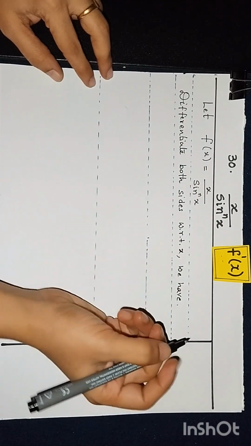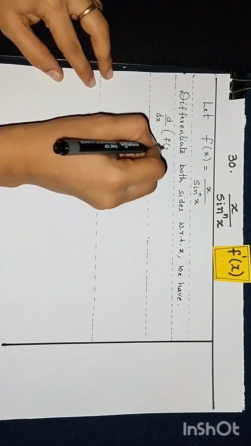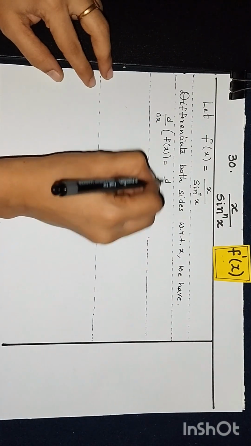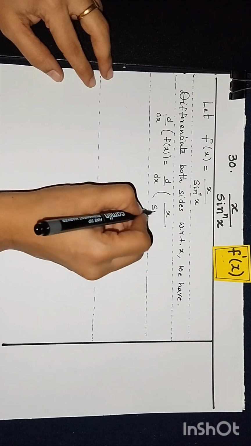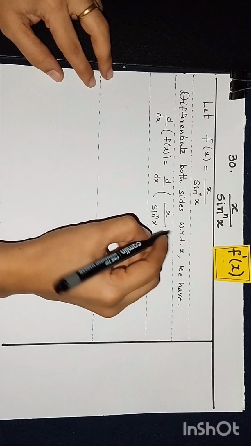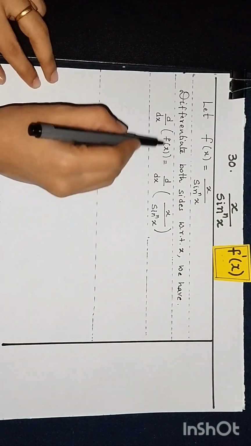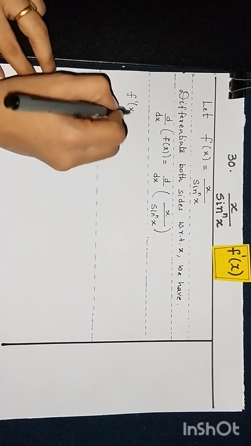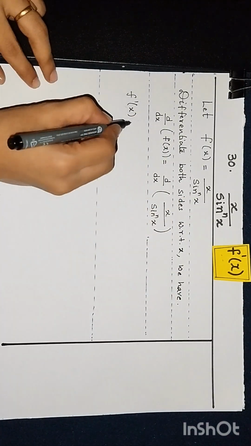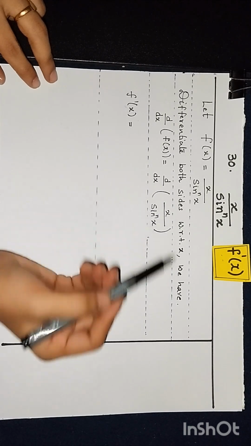We have d by dx of f of x is equal to d by dx of x divided by sine to the power n of x. So d by dx of f of x, which we also denote as f dash of x, is equal to d by dx of function by function.